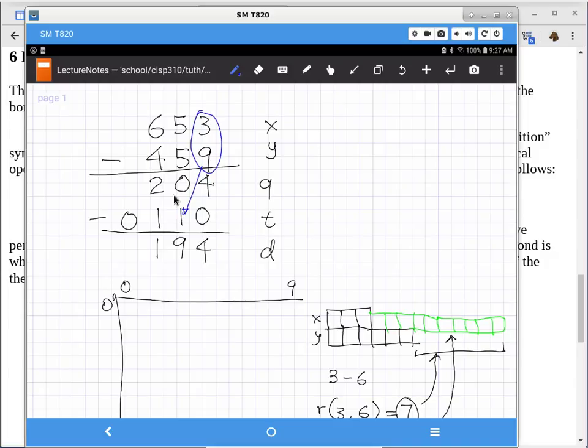What is the other source of a borrow? It is when we subtract the 1 from the 0. That contributes to that borrow. So when we subtract t from q, it can also contribute a borrow.